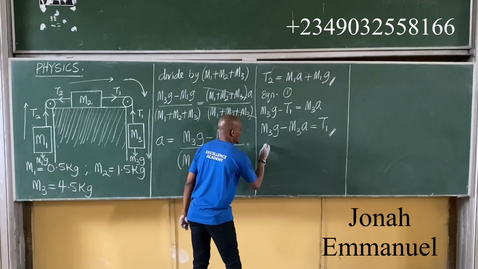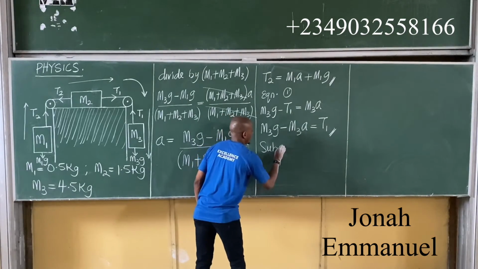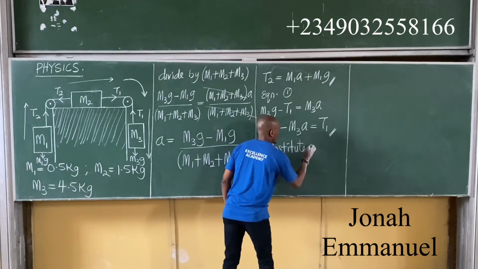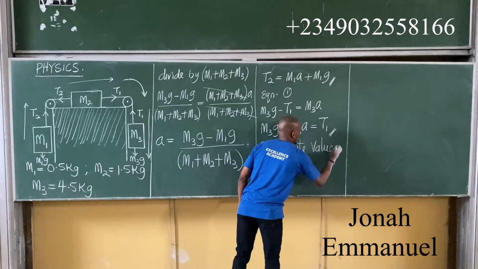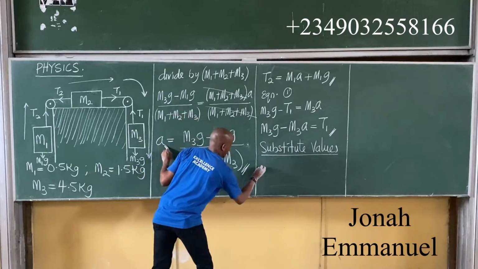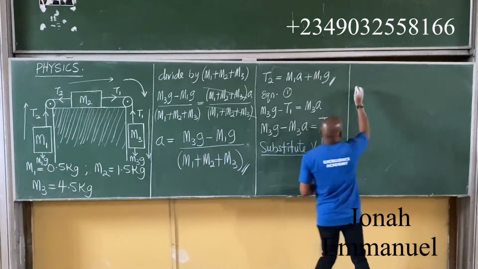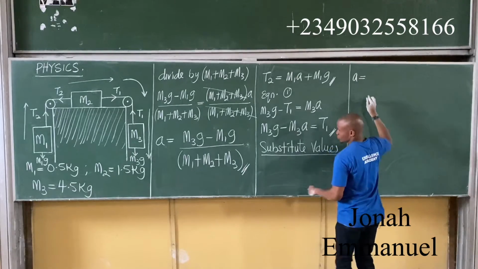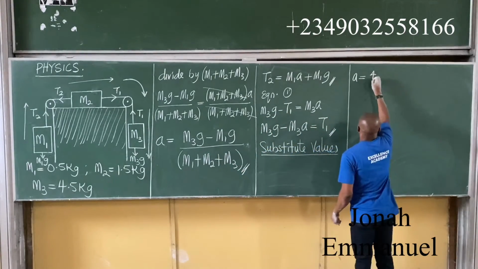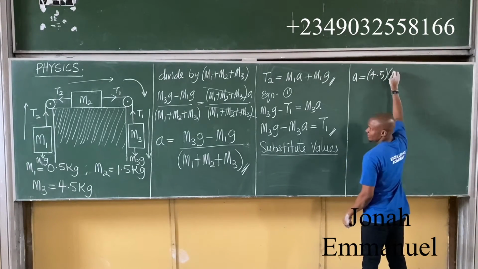Right. So from here, if I substitute values, I have that acceleration A, let's bring it here. A is equal to M3G. M3 there is 4.5, so 4.5 times G. G is 10, or 9.8.